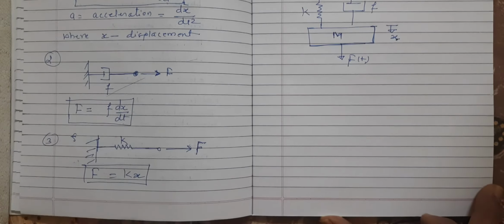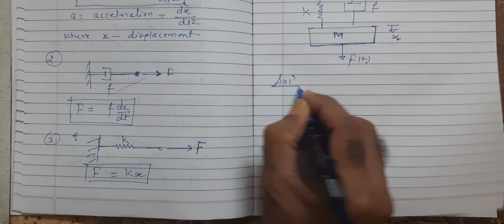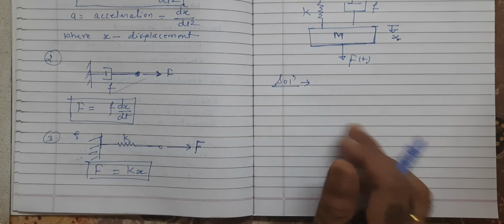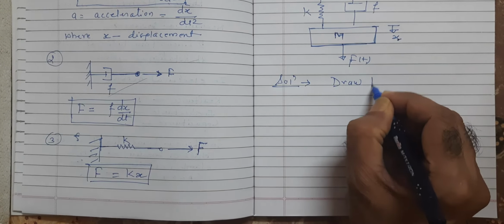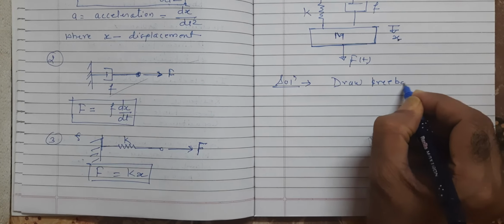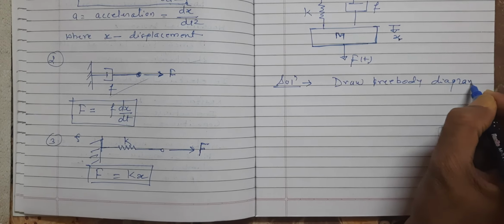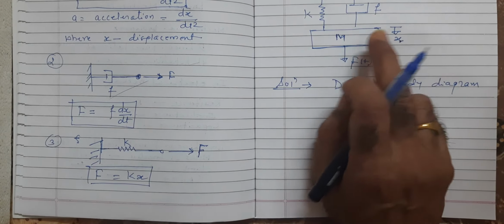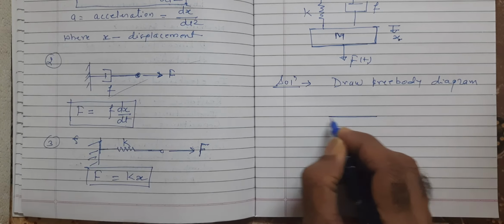Now to find the transfer function of this mechanical system, first draw the free body diagram. Here only one displacement and one mass are there, so we will draw the free body diagram at the mass.